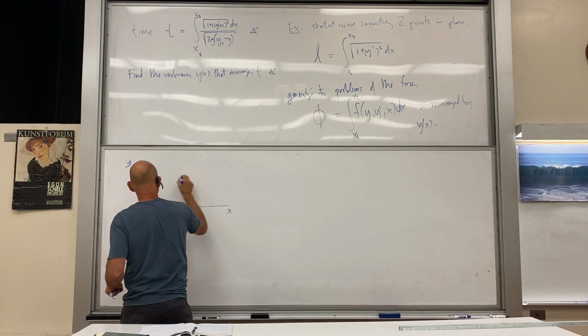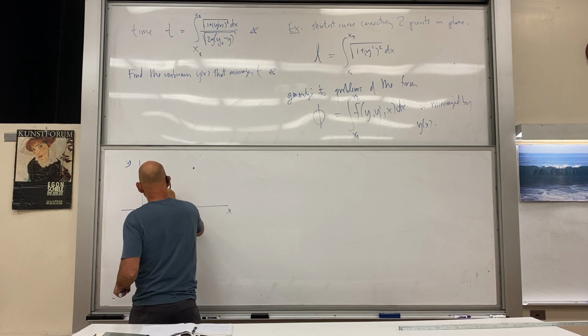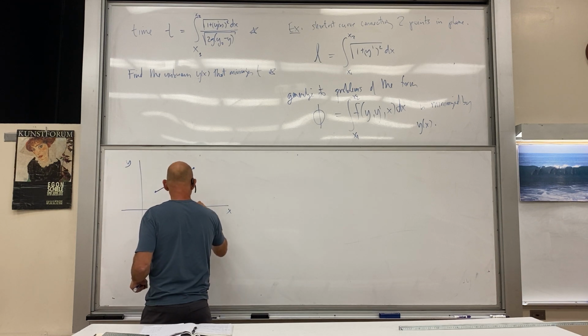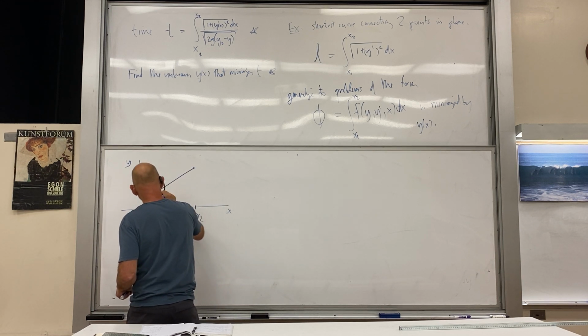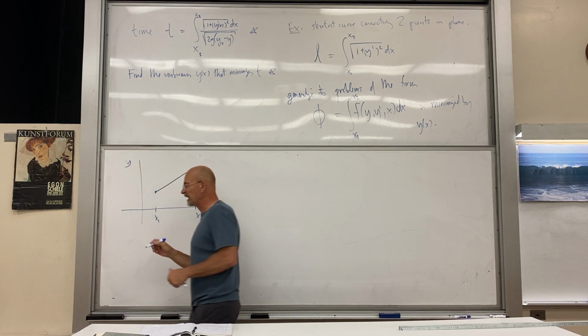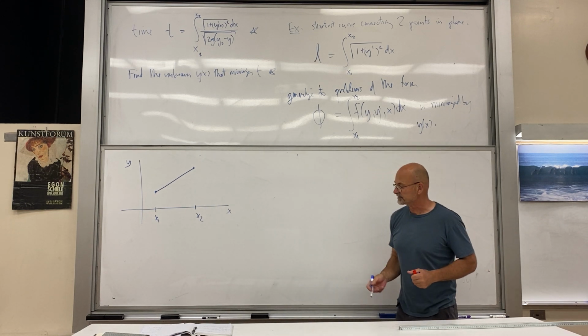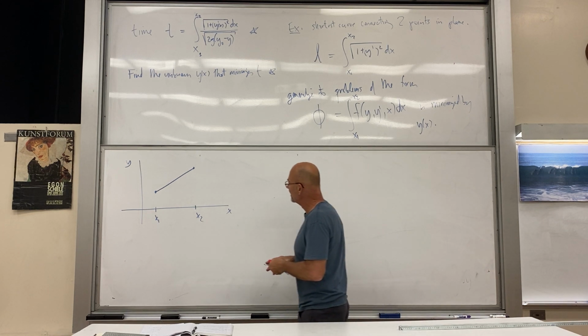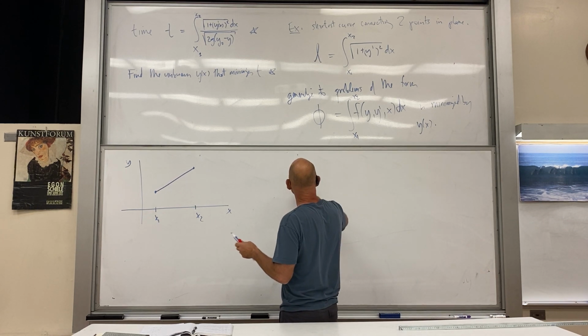These are the two points. There's x1, x2. We could label these two points A and B. There's the shortest curve.